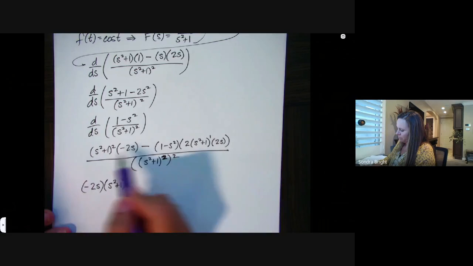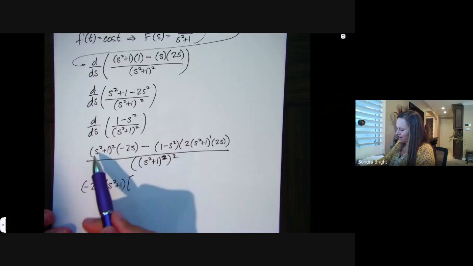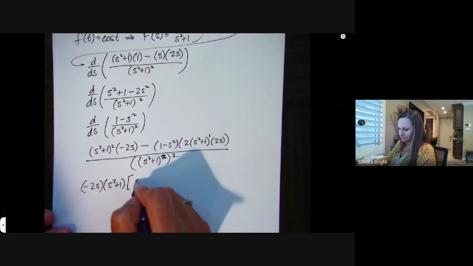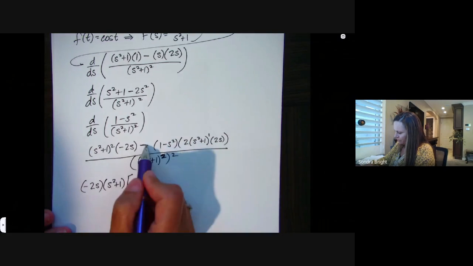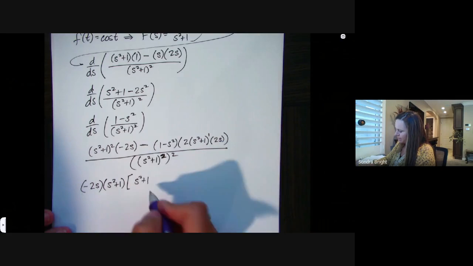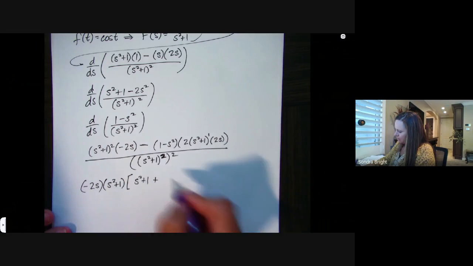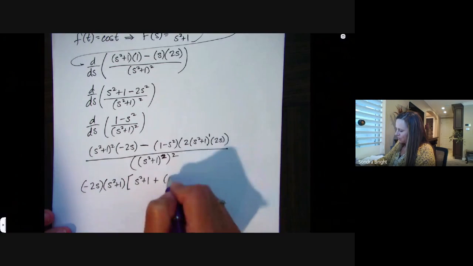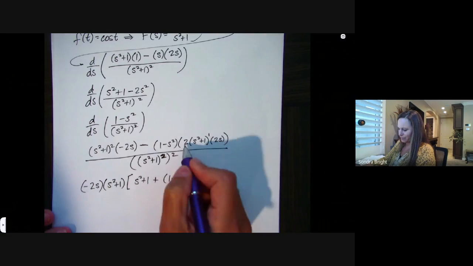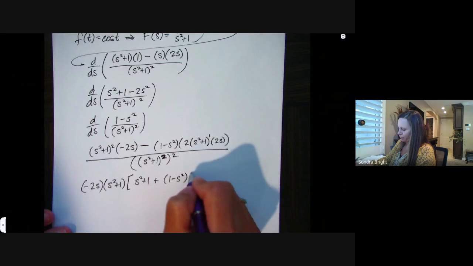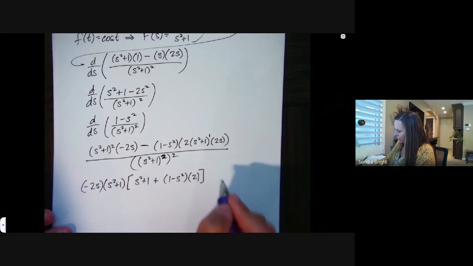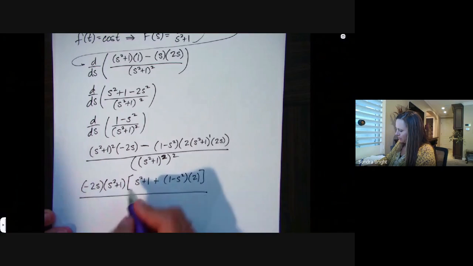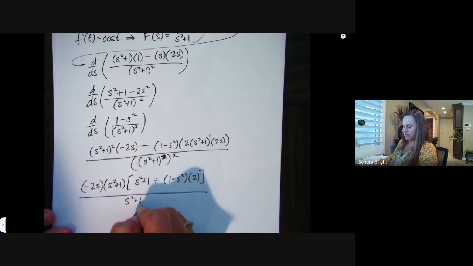When I do, the first term, I would still have 1 more s squared plus 1. And then I factored out this minus sign with this guy, so now it's a plus. And then it would be a 1 minus s squared and then times a 2, all over s squared plus 1 to the 4th.